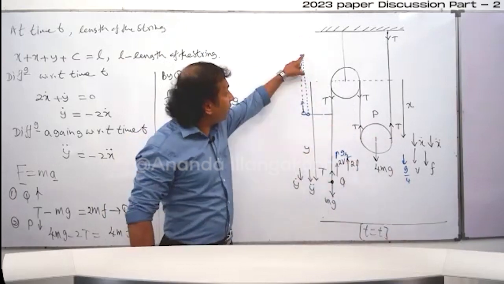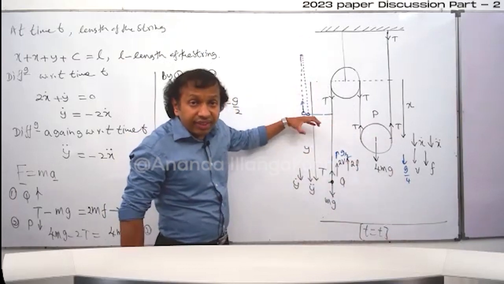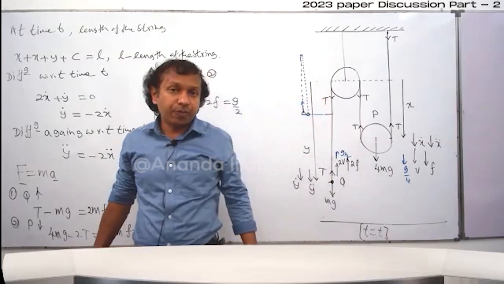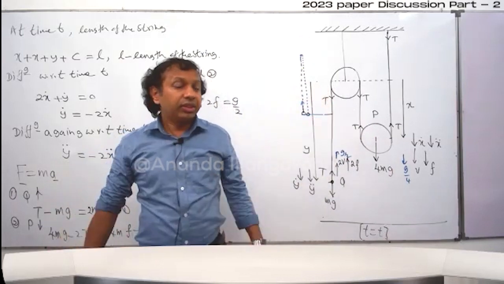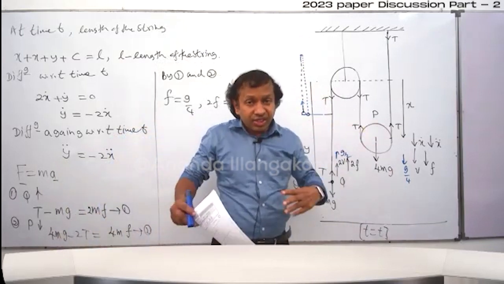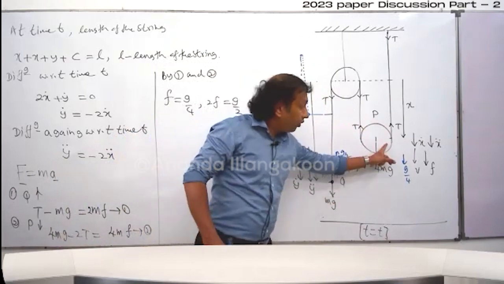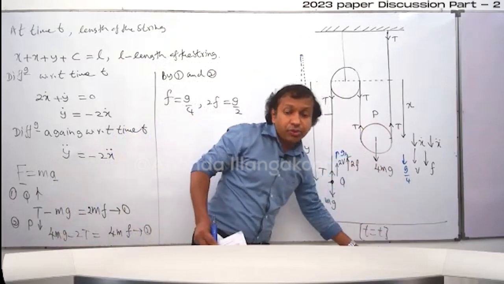So once the particle comes to the same level, the string suddenly gets impulsive tension. Then suddenly the string will get a jerk, and because of that jerk, this particle and the particle on the ground begin to move.